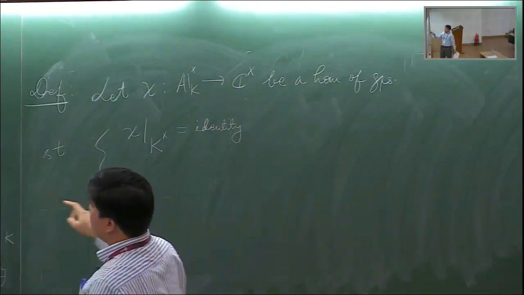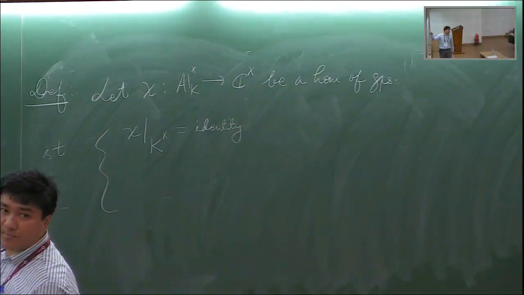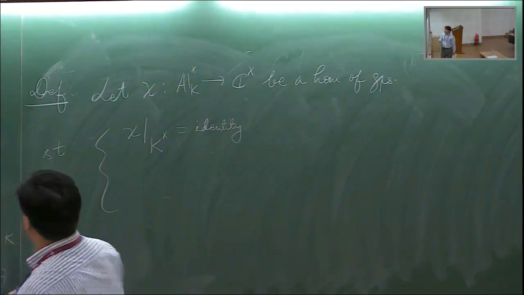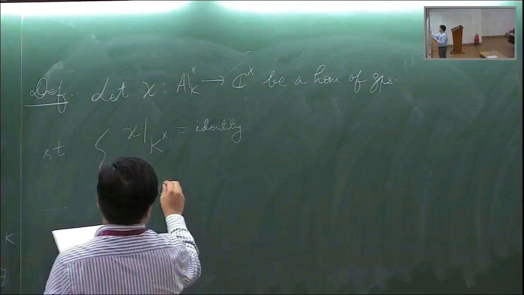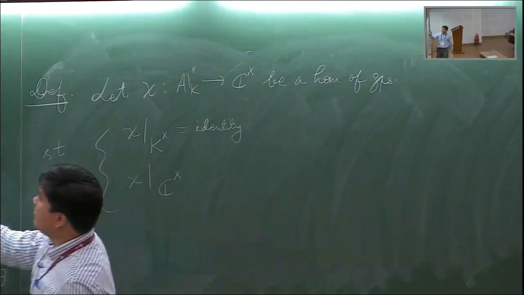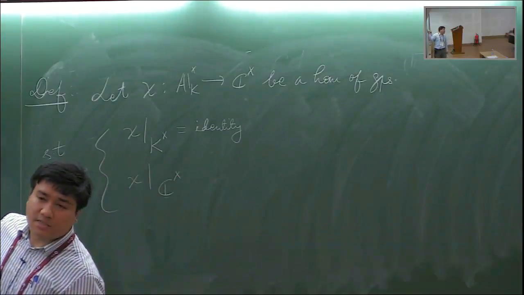So this K sits inside each one of them, right? Chi restricted to C star: if you take P to be the infinite prime, then this is nothing but C.